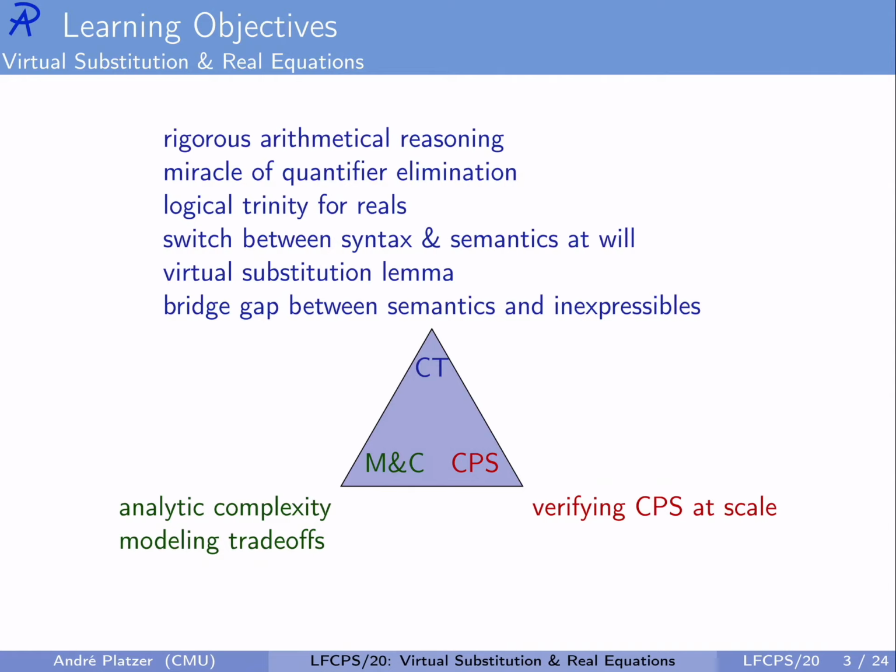Now we will do the exact same thing again for arithmetic, where virtual substitution is bridging the gap between syntactic and semantic operations, so in particular semantic operations that are otherwise inexpressible. And we will again switch between syntax and semantics at will to get what we want.